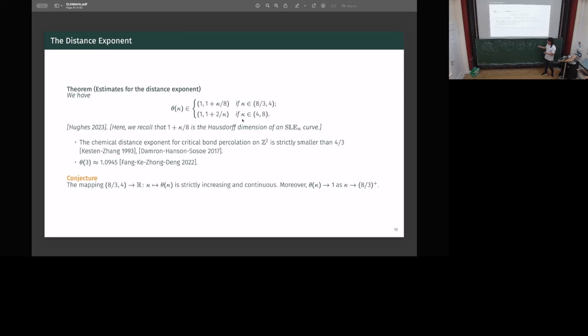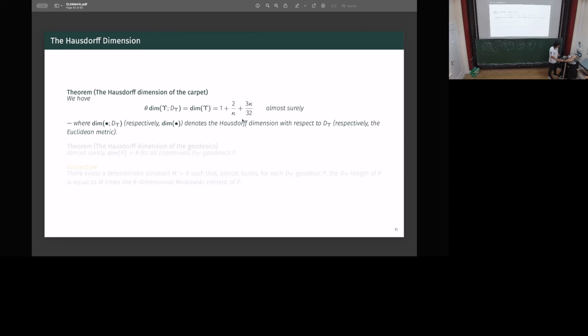This is because as kappa goes to 8/3, the CLE kappa goes to nothing, it's just an empty set. So when the CLE is empty, the carpet is just the domain. And in this case, the CLE carpet metric is just the Euclidean metric. So we conjecture it goes to 1. But we don't know how to prove this at this moment.